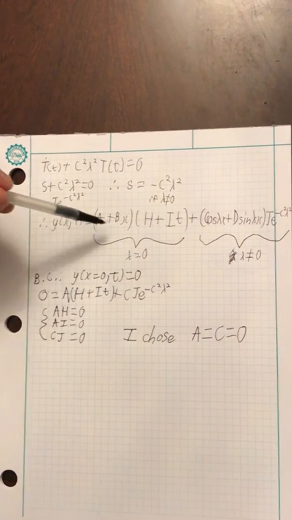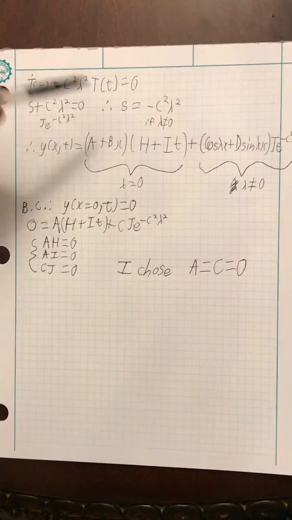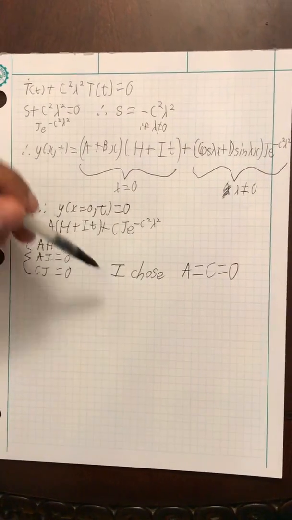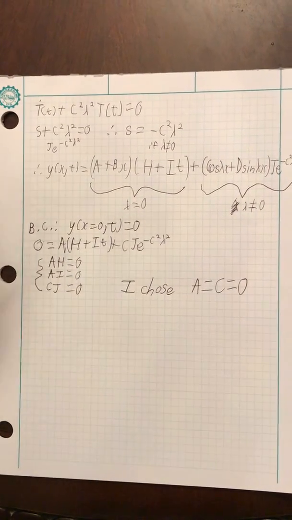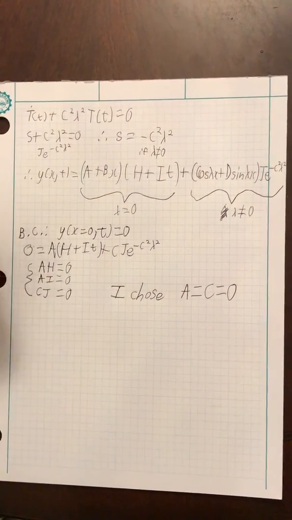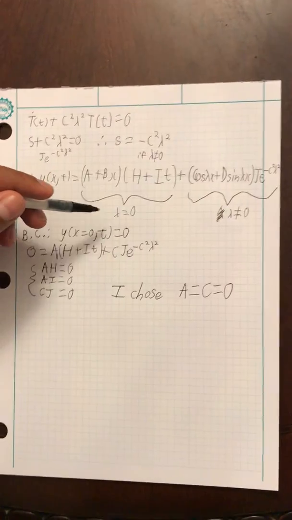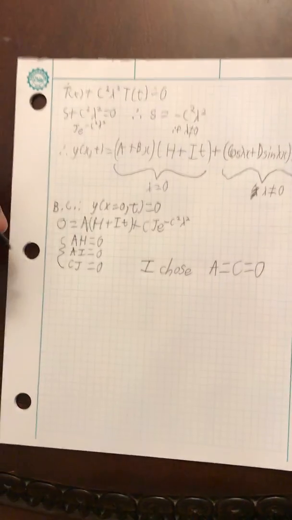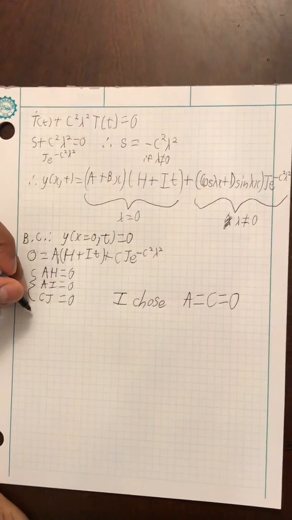Same with choosing B equals H equals I equals 0. So when you choose A equals C equals 0, you get to keep the lambda equals 0 and lambda does not equal 0 terms, so you get a more robust solution.